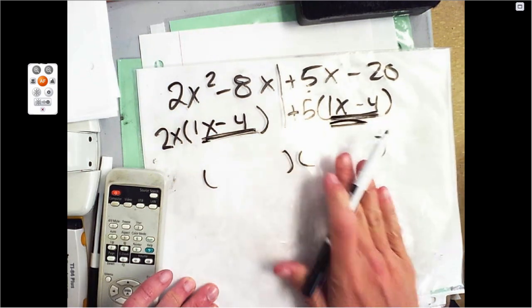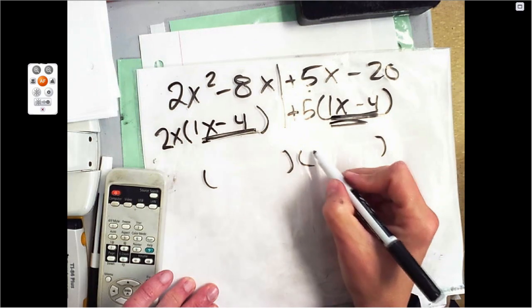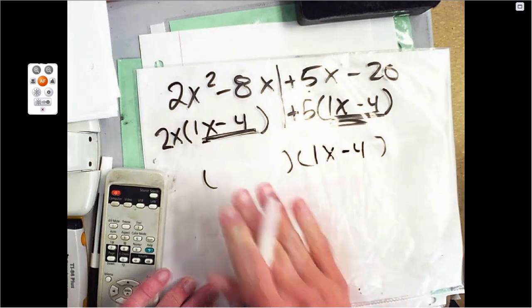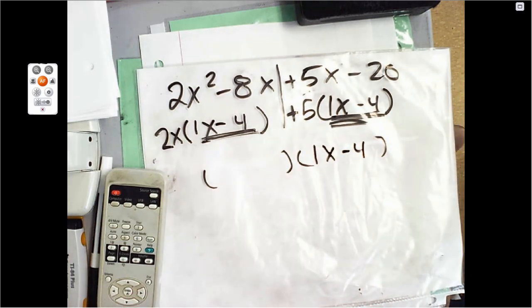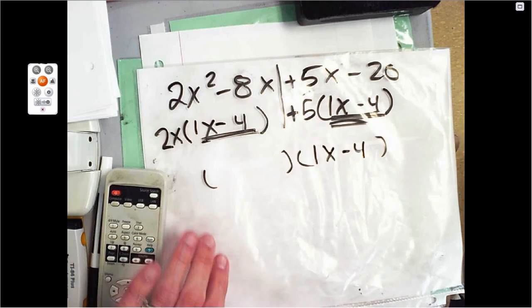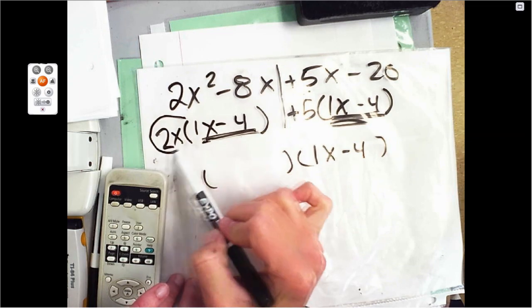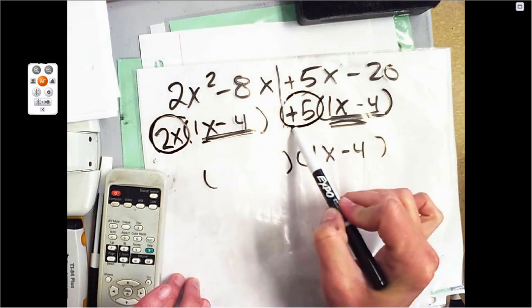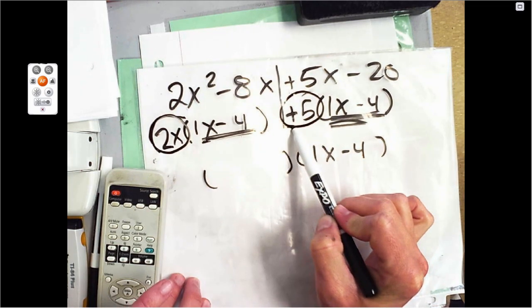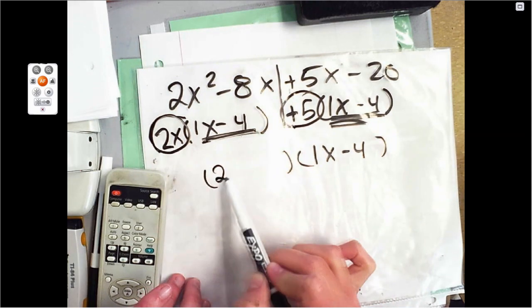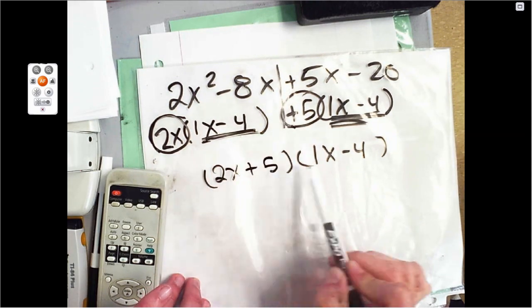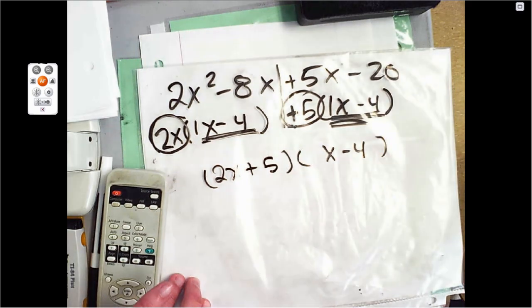You can put it in the second one. I just always put mine in the second one, but you can put it in the front one. Doesn't matter because it's multiply. The order doesn't matter with multiply. How do you get the other one? This and this make up your other parenthesis. So this would be 2x plus 5. And then you've got your 1x, or some of you don't put 1, some of you just put the x.